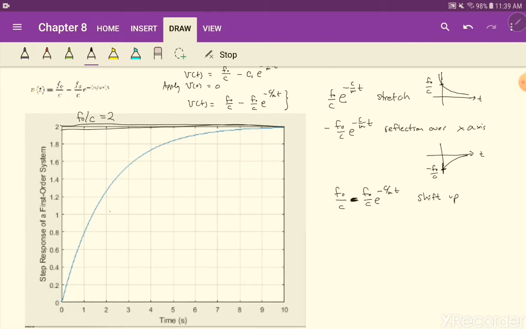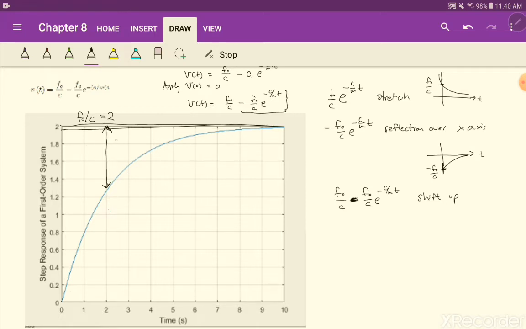Now, what's the part that was inverted, that was reflected over the x-axis? This part, minus, that's the gap between f0 over c and the blue line. If I just drop the negative, that means it becomes a distance.